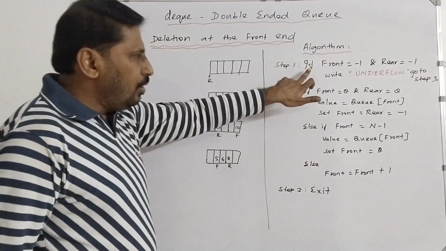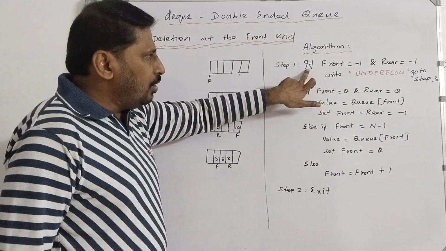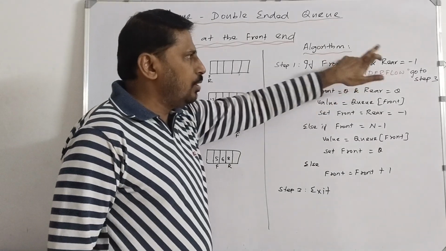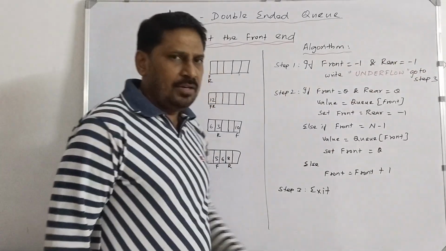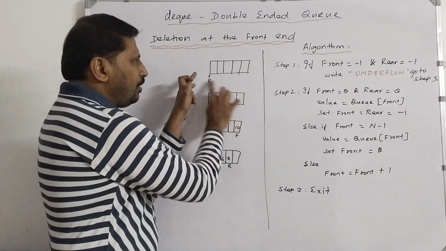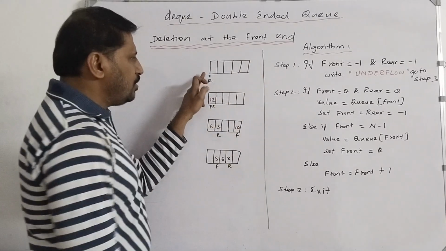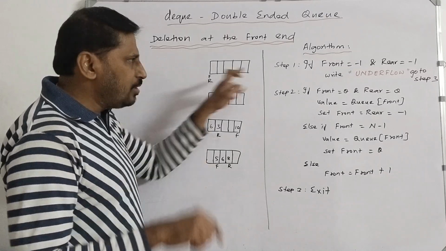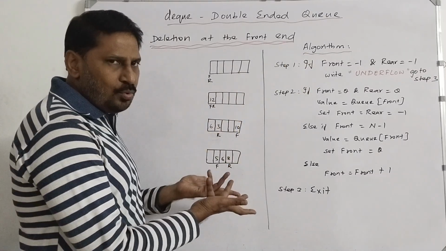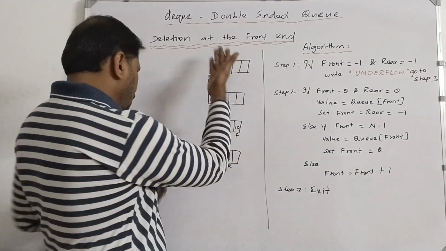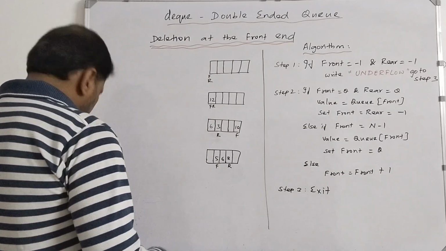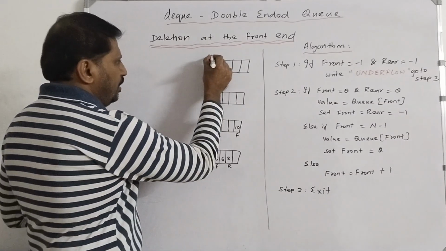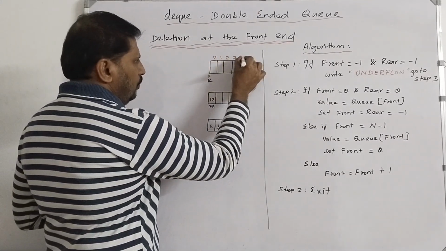So that's why the very first condition is: if front equal to -1 and rear equal to -1. In this scenario, front and rear are already at -1, which means there is no element in the queue. Usually the queue is represented as 0, 1, 2, 3, 4.